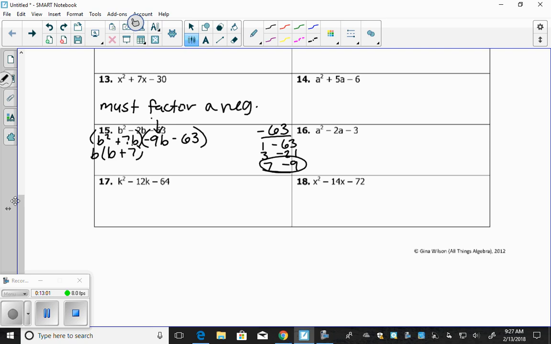So this is negative 9 parenthesis. It's not going to be b minus. When you pull out the negative, it changes the sign. So b plus 7. So what's my answer?